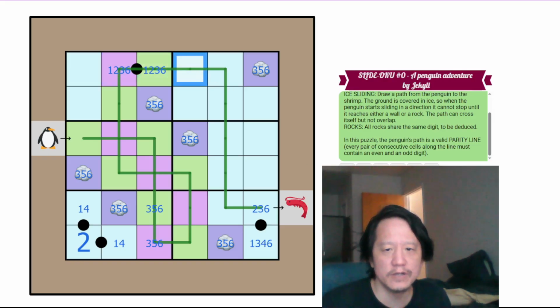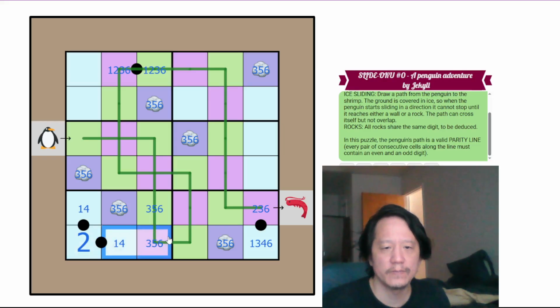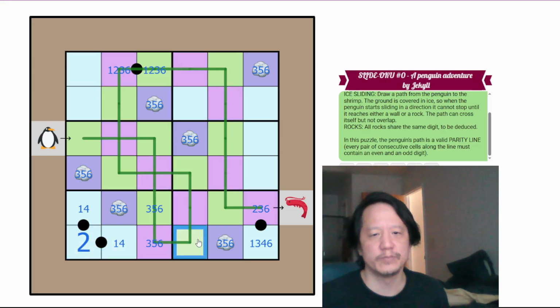Green, pink, green, pink, and so on. Okay. What does that mean then?